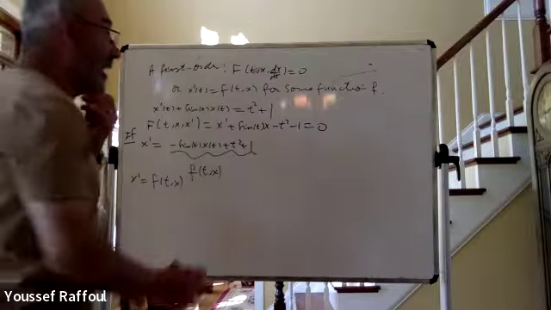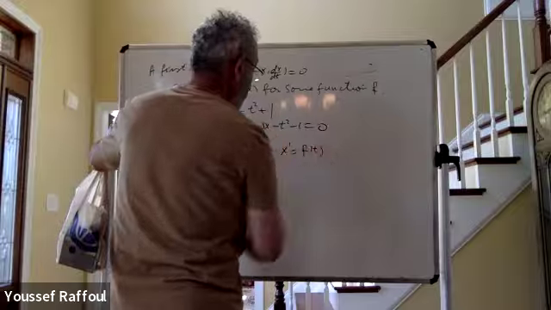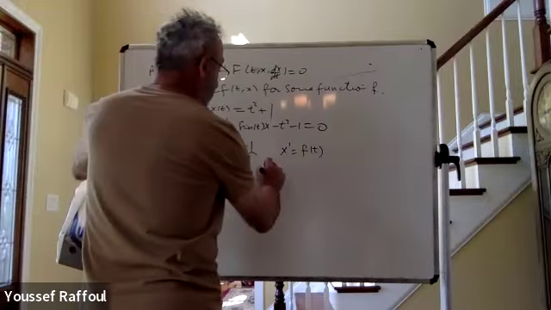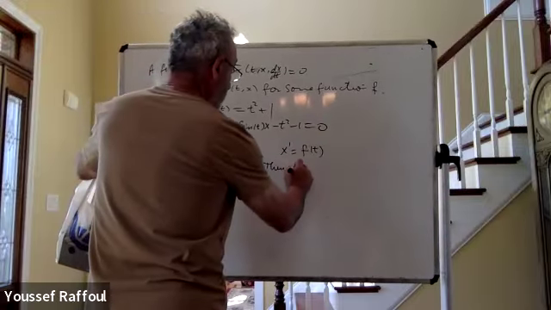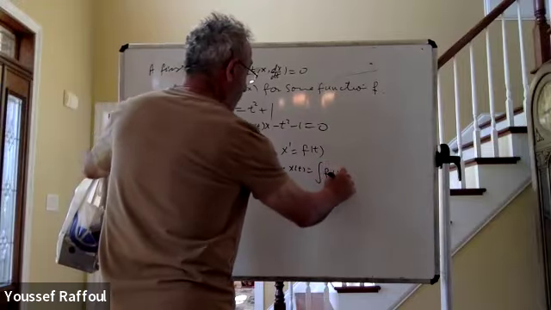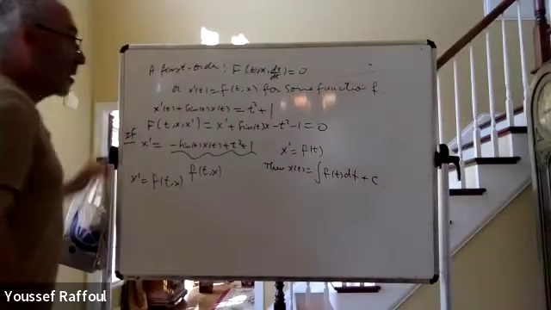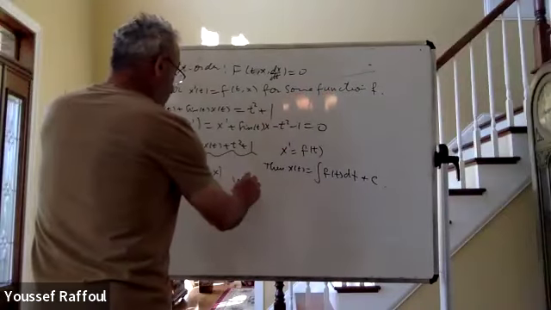So if we have x prime equal f of t, then x of t equals the integral of f of t dt plus c, where c is some constant.